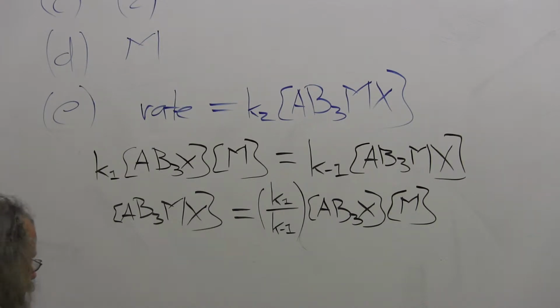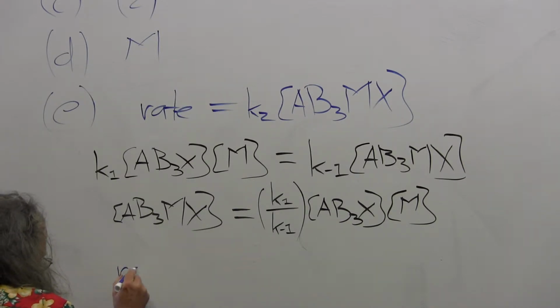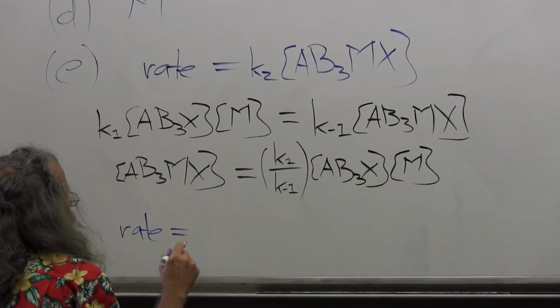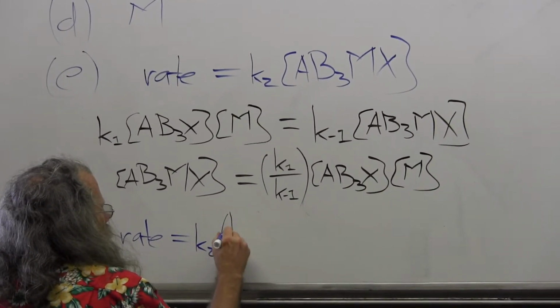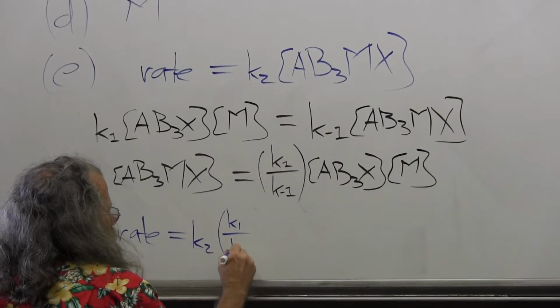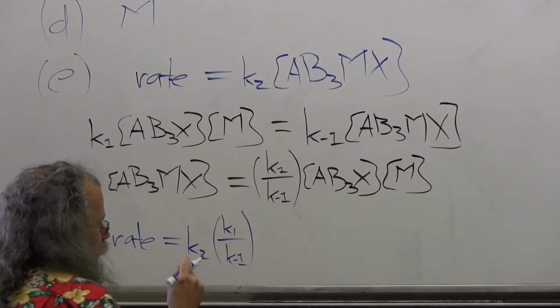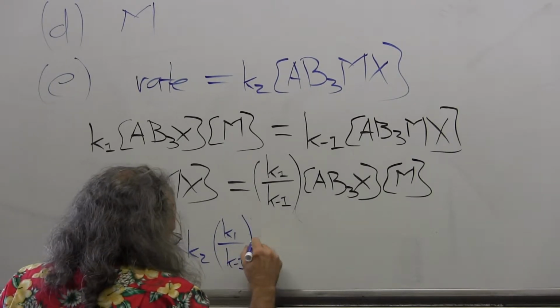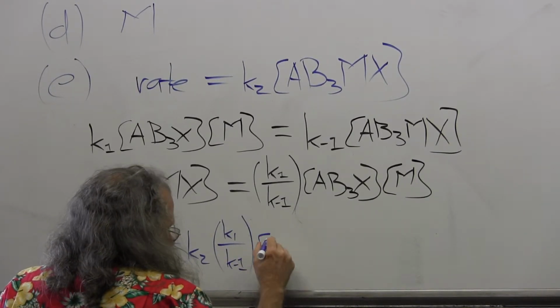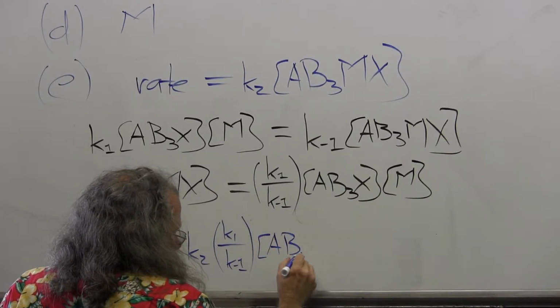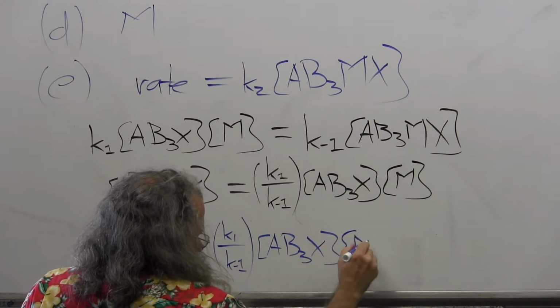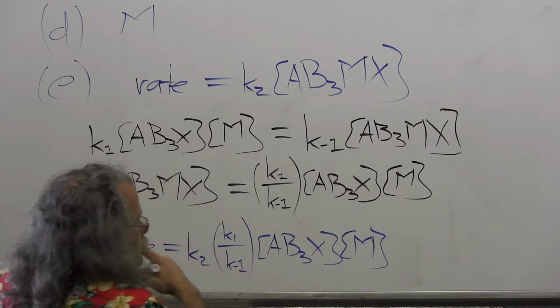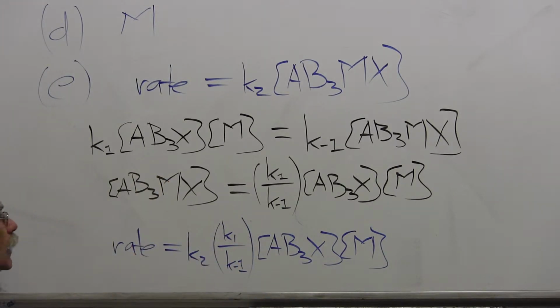So all of this stuff here, because of this equality, I can now substitute in, and I end up with the final answer that rate is equal to K2, little K2, times the ratio of the rate constants times AB3X times M, and I'm pretty much done, aren't I?